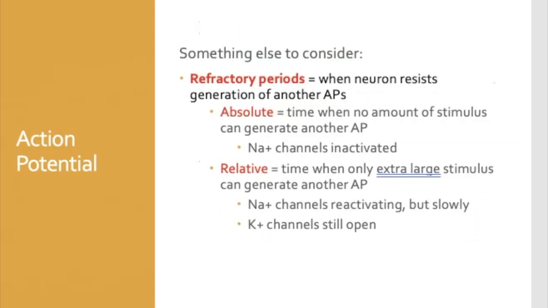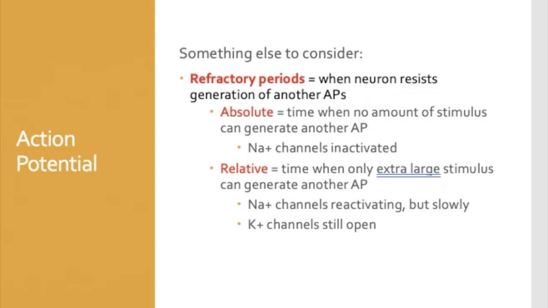Refractory periods are simply moments of time when the neuron is going to resist being stimulated again to the point of producing a new action potential. There are two refractory periods.